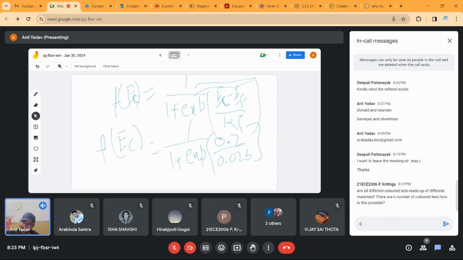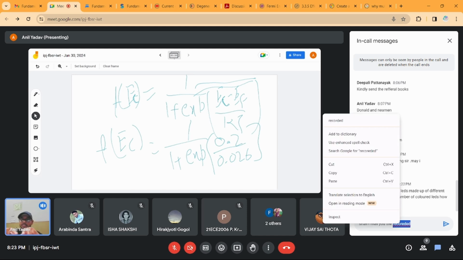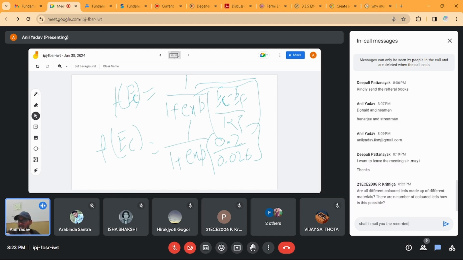A single pixel contains these three LEDs. They are of different materials, of course, or maybe the same material with a different ratio, like gallium arsenide or gallium nitride. The ratio will define that. Do you know band gap tuning?